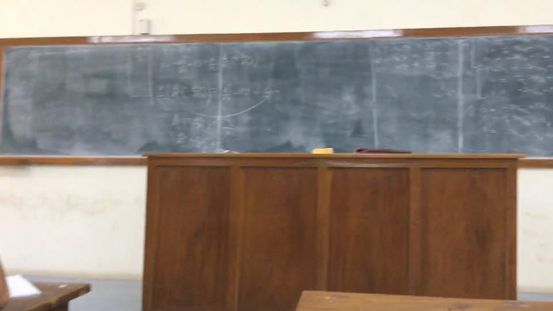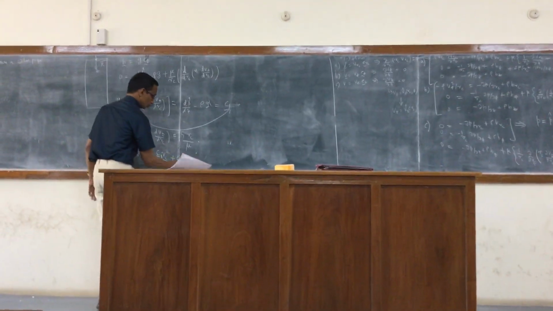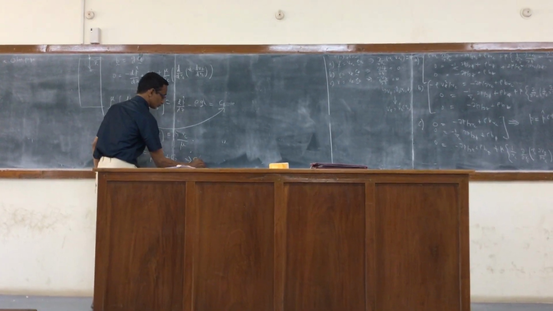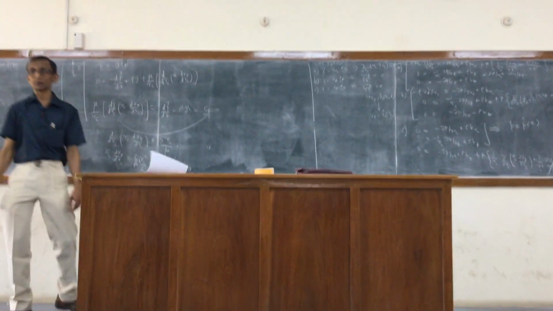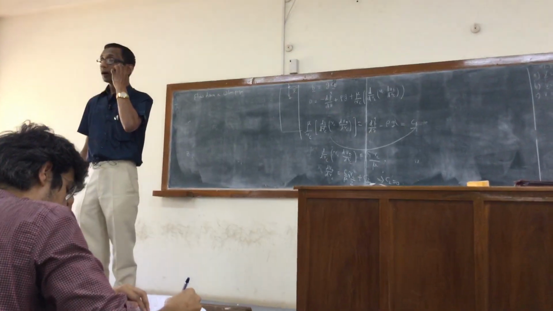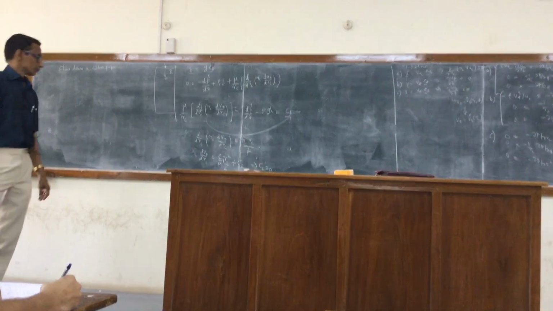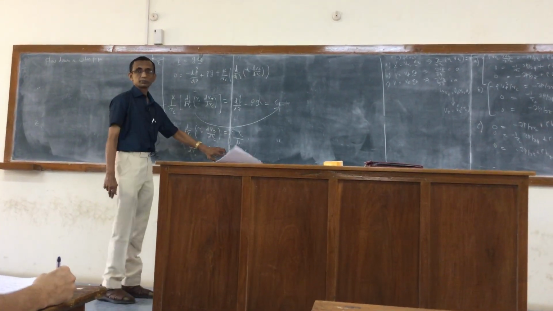That is not allowed under physical considerations. So we assume, or rather we infer, that C2 is actually equal to 0. We can make that inference right away, right?